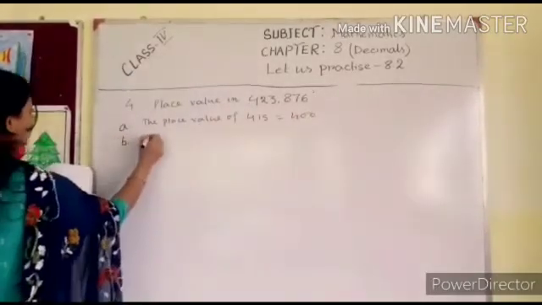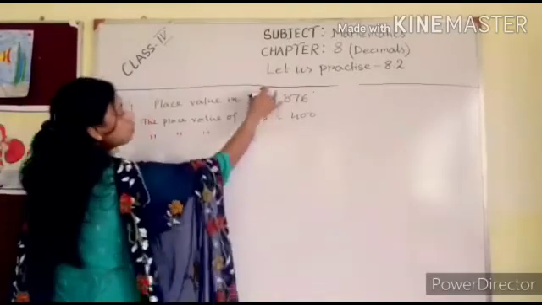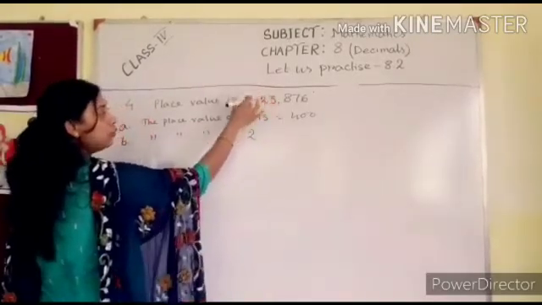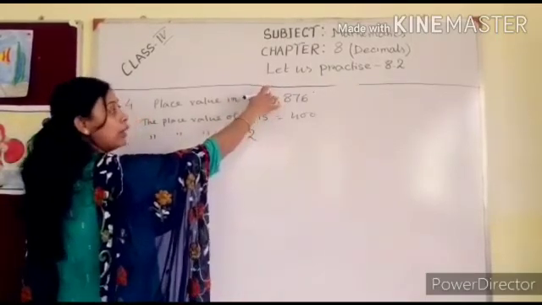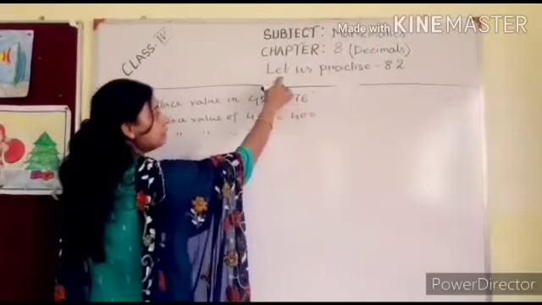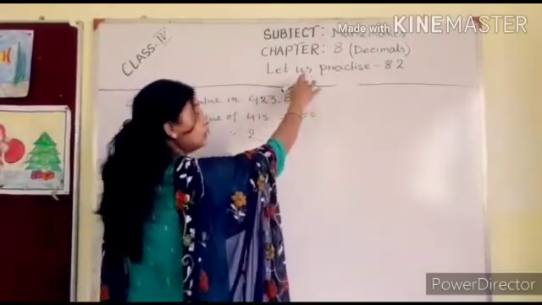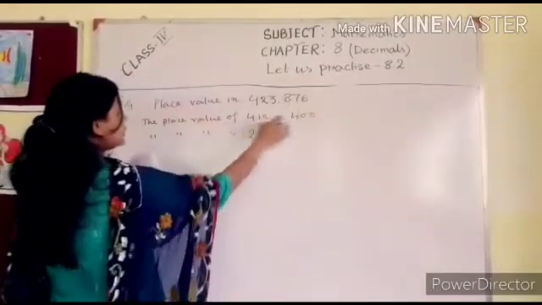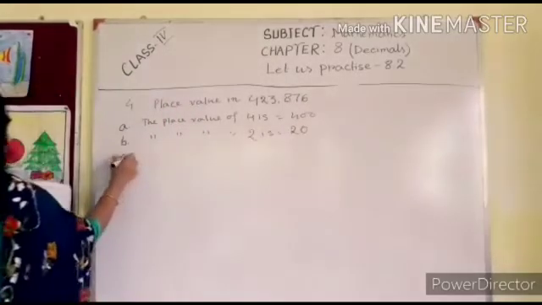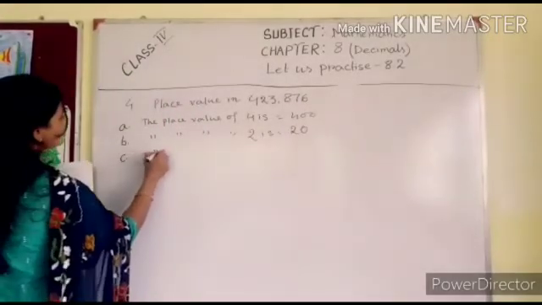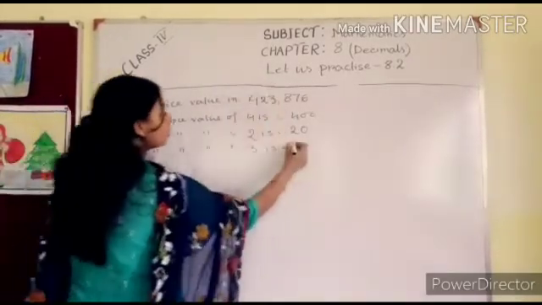Now B, the place value of 2 is in the tens place, 4 is in the hundreds place, 3 is in the ones place. Here 8 is in the tenths place, 7 is in the hundredths place, 6 is in the thousandths place. So 4 is 400, 2 is 20.